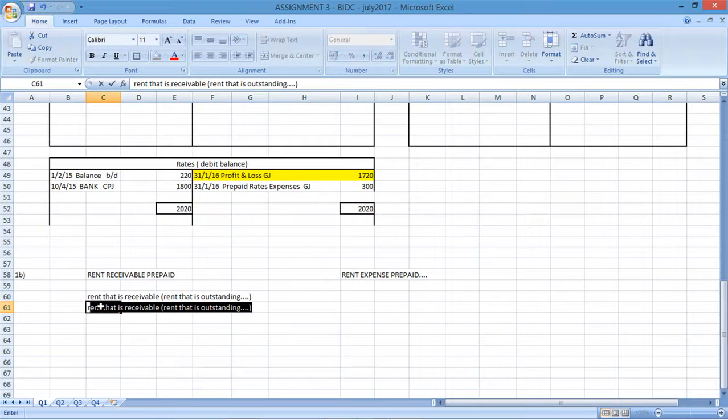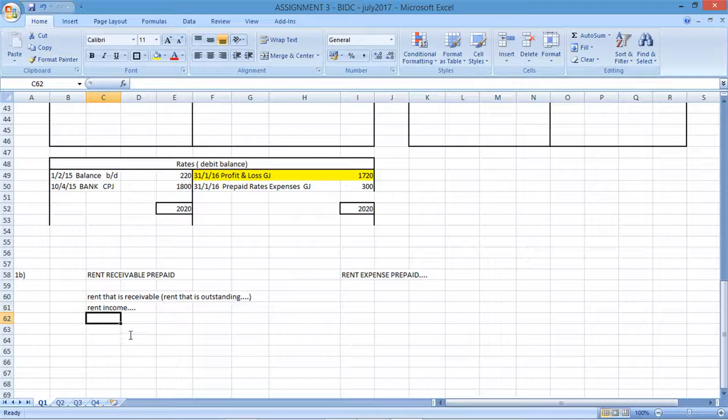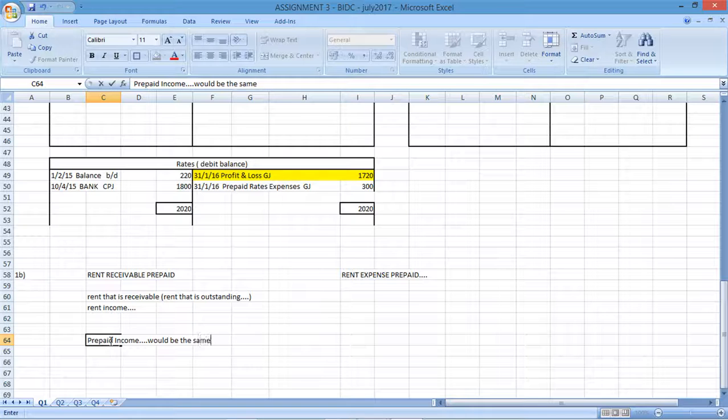So if it's collected, this must be referring to rent income. So if rent income is prepaid, this is prepaid income. Prepaid income would be seen as something like income received in advance, which would be a liability.